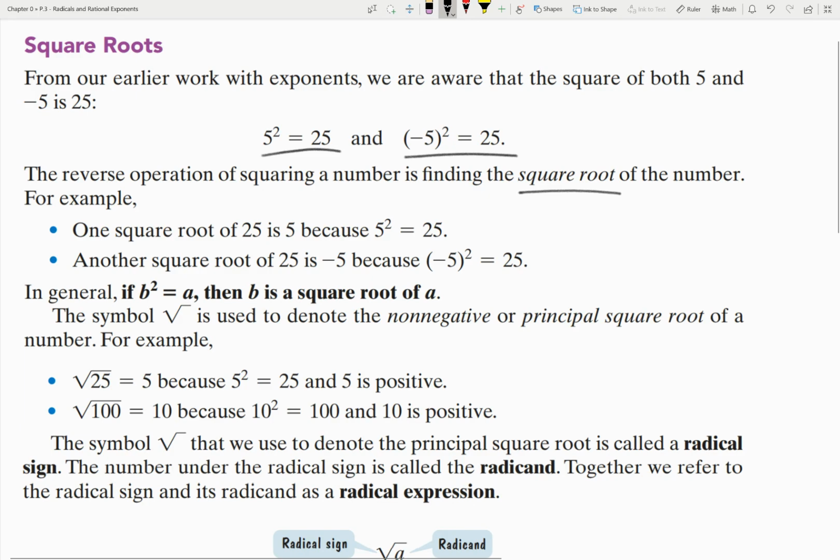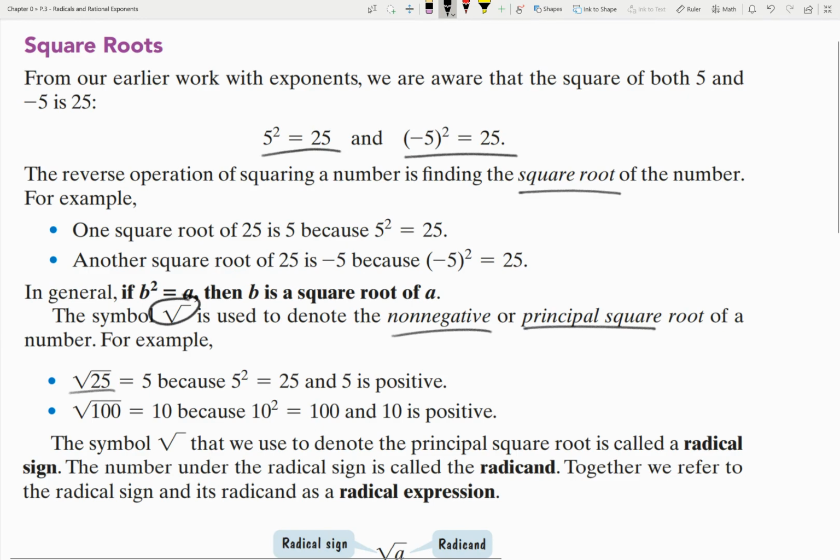But you should know that when you press the button for square root on a calculator, or when you're talking generally about a square root, we tend to use that symbol right there, and that symbol is used to denote the non-negative or principal square root of a number. So when you see the square root of 25, we're talking about only 5, because the square root symbol denotes the principal square root.